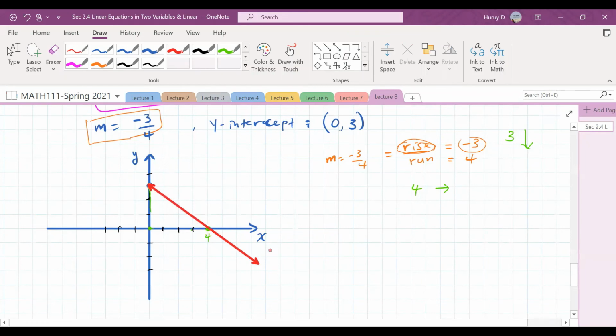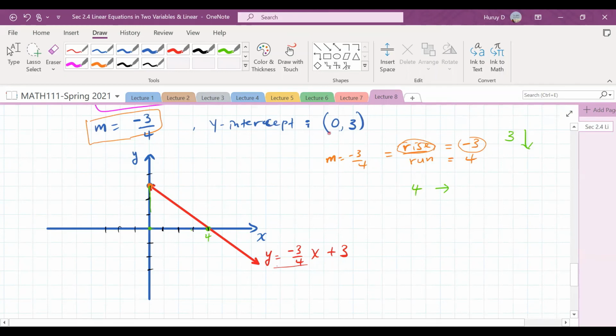And the equation of this line is y equals -3/4 x plus 3. Okay, so this line is the line of this equation. So this is how we can use the slope-intercept form to graph or plot the graph of an equation.